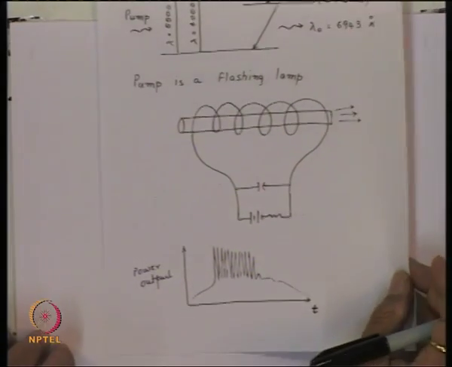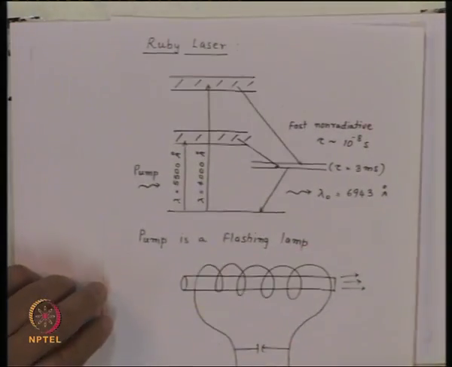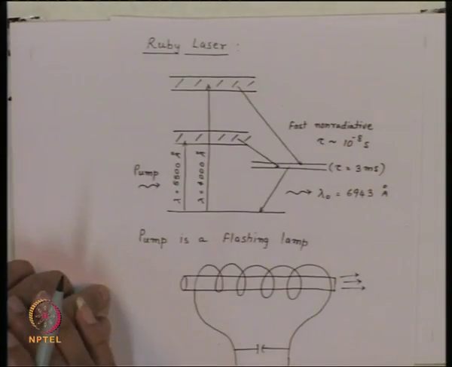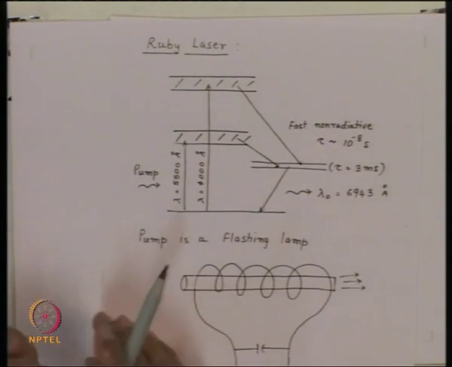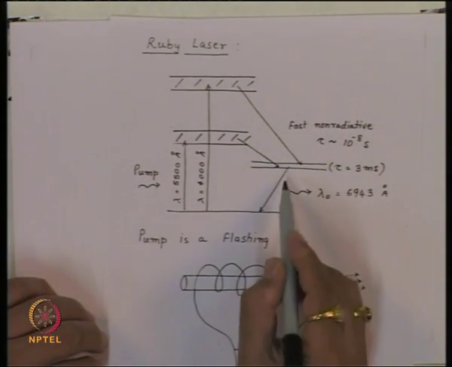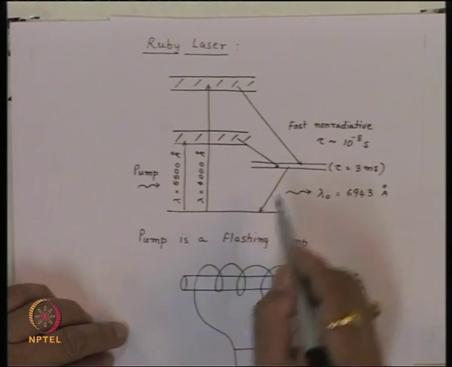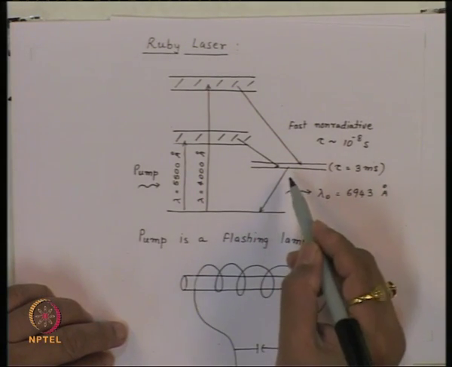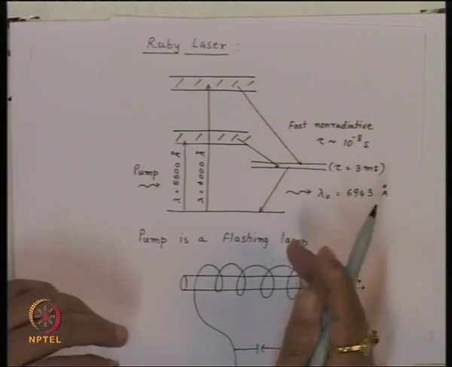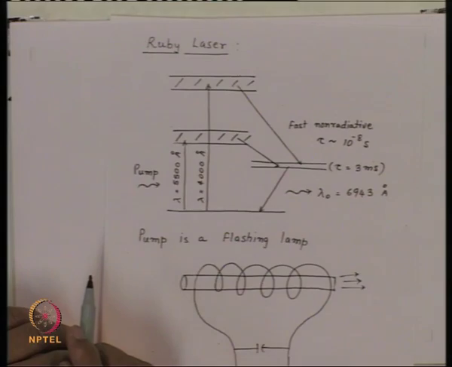Now, as we mentioned earlier, whenever we create a population inversion, since this is a very rapid process, once the stimulated process starts, very quickly the population inversion depletes. That means most of the electrons collapse down to the ground state, and you do not have a population inversion.